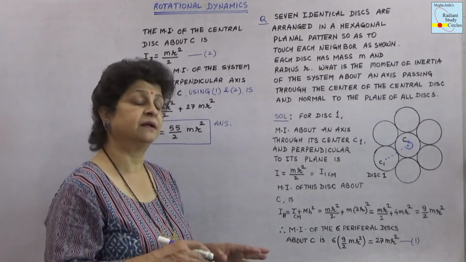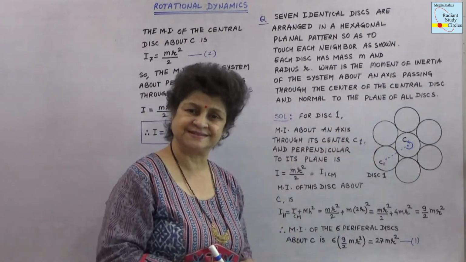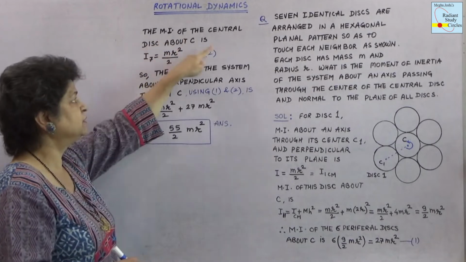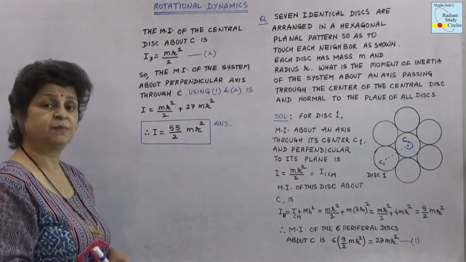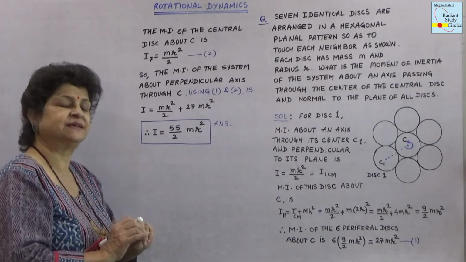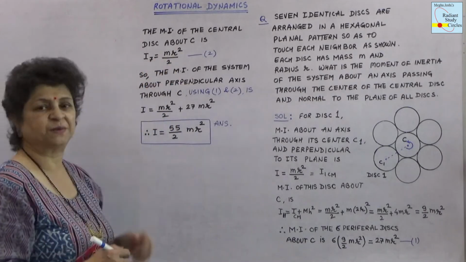And now we are not done because we have left out the central disk. So what is the moment of inertia of the central disk about its own center of mass C? That is going to be mr square by 2.